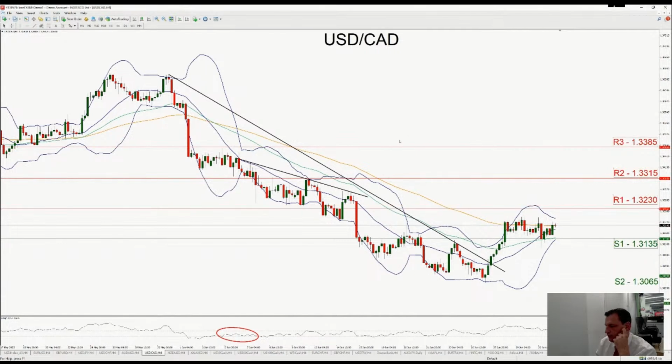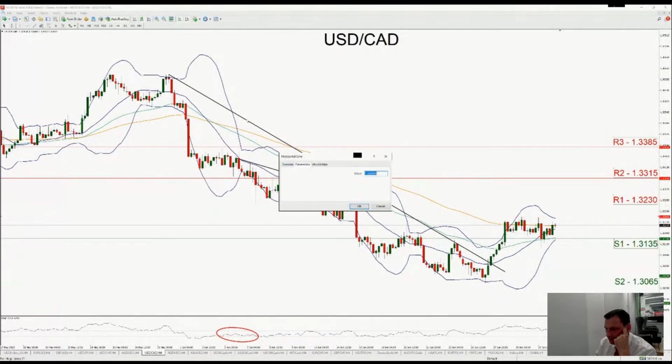On the other hand, note how this has provided also some resistance here. And that would be the 1.3285.